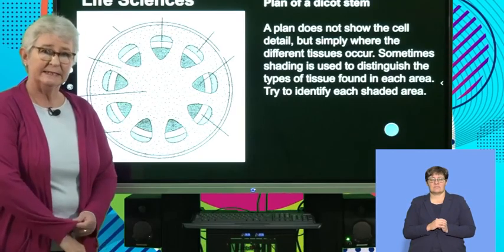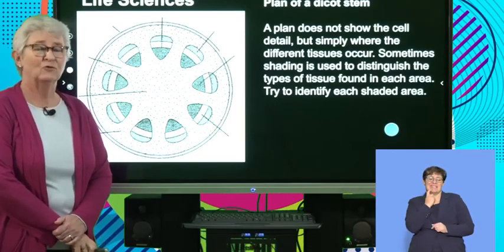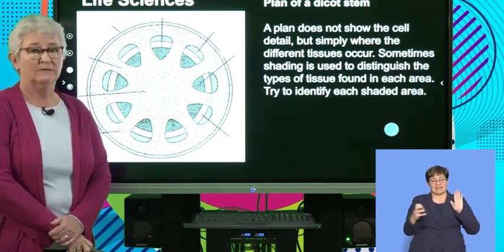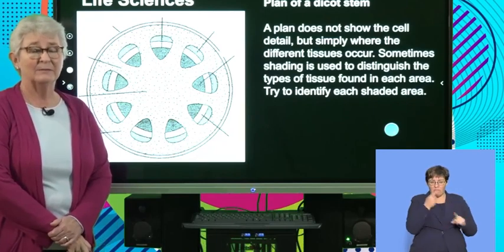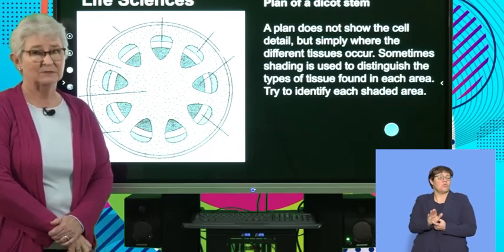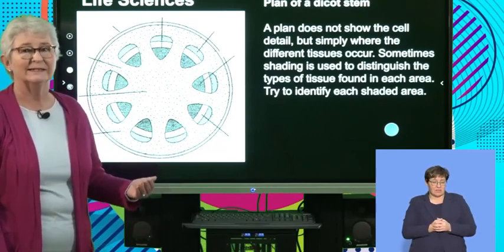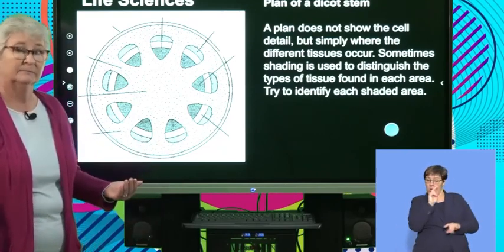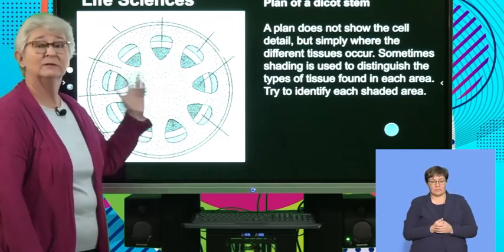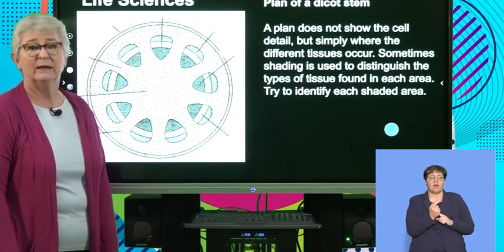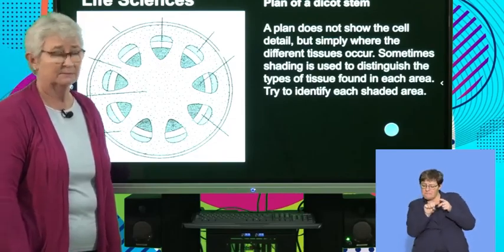It's often easier to understand by drawing a plan or a line diagram of a stem. And a line diagram simply shows where the different types of cells are found, it doesn't actually tell you what the cells look like. So let's have a look at this diagram of a plan and see if we can recognize all the different regions.